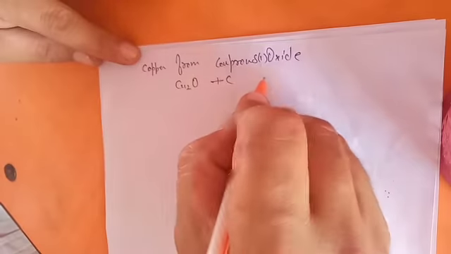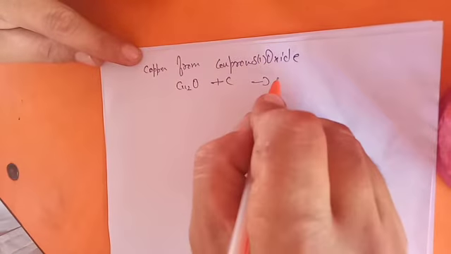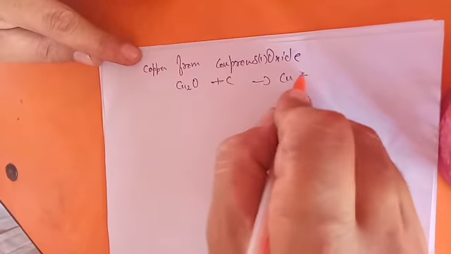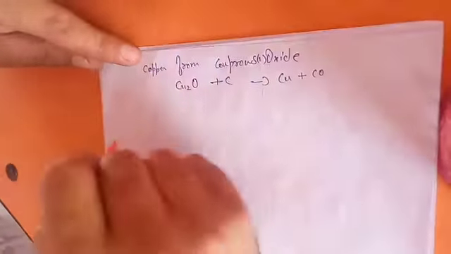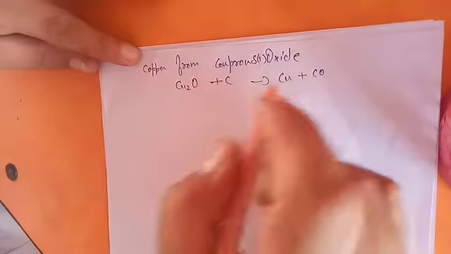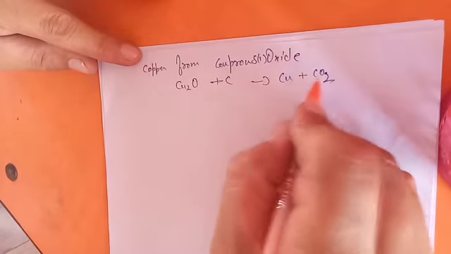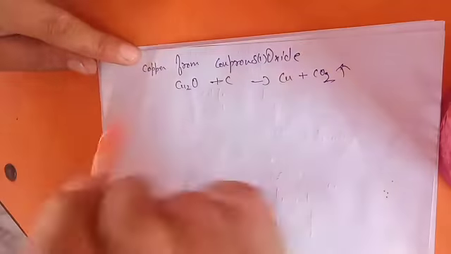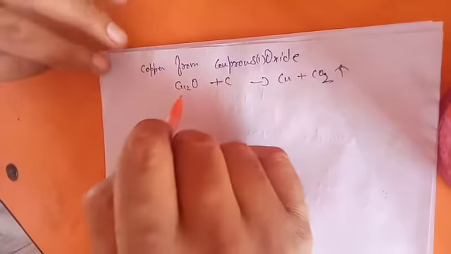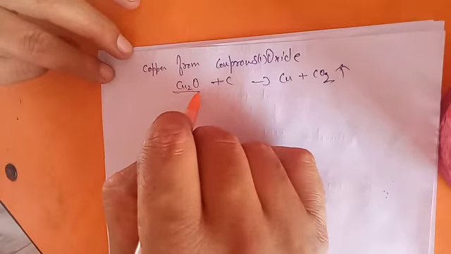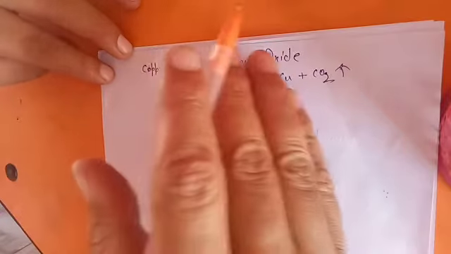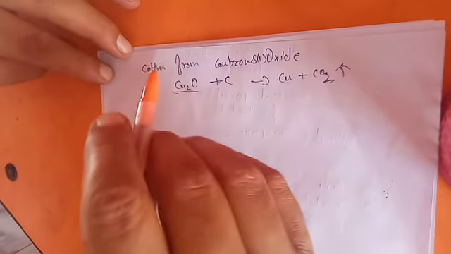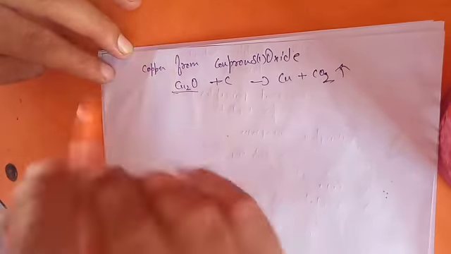We use carbon to reduce it, and it will be converted into copper plus carbon monoxide, or a mixture with carbon dioxide, which is released. Cuprous oxide, if you look at the Ellingham diagram, is available at the topmost, so it is very easy to reduce to copper.